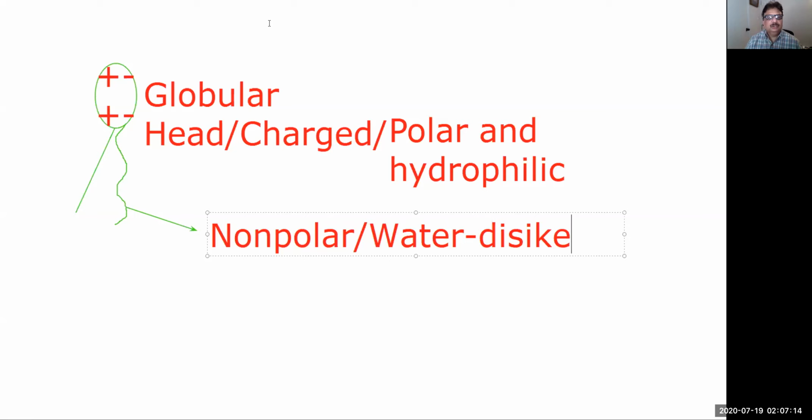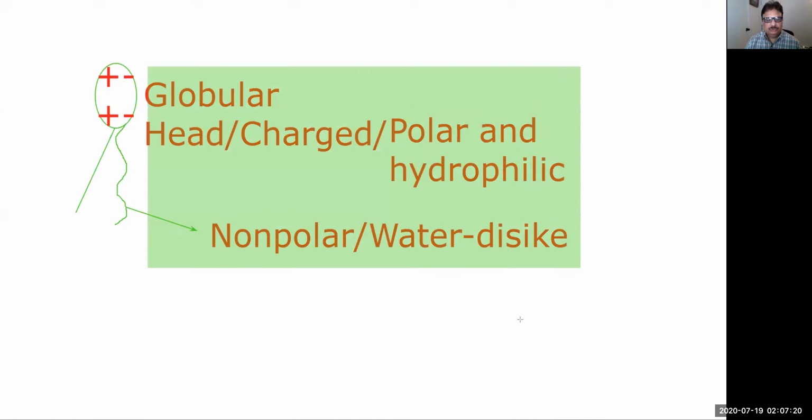What is interesting here is that this lipid molecule is demonstrating two very contrasting qualities: polar head, non-polar tail, hydrophilic head, hydrophobic tail. This property of lipid is very important, and it is called amphipathic. Amphi means dual. Amphipathic means dual characteristics, polar versus non-polar, hydrophilic versus hydrophobic.